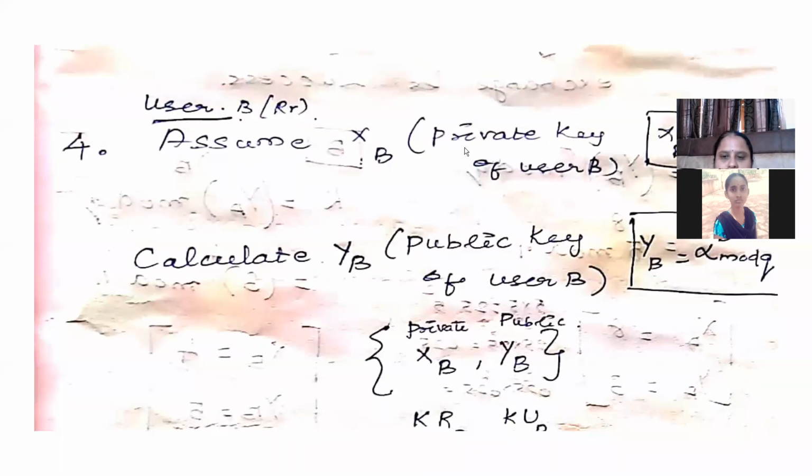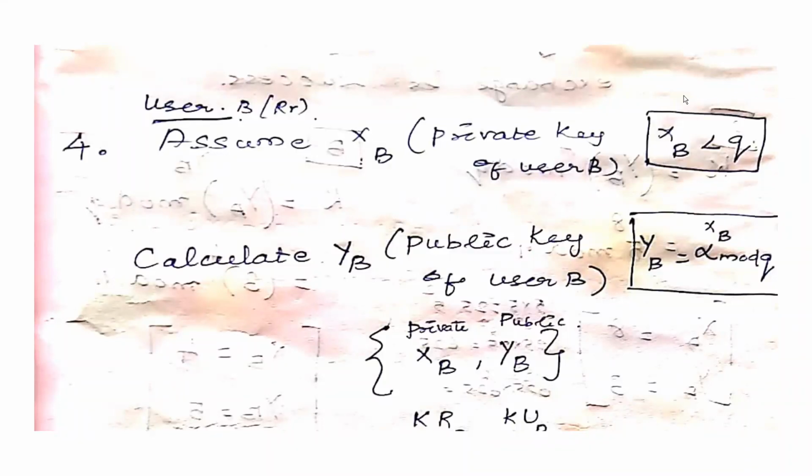So XB is the private key of user B, and you have to select XB, which should be less than Q. Similarly, calculate YB, the public key of user B. Because B is the user, he knows his private key, and alpha is the primitive root of this prime number Q. So YB is equal to alpha power XB mod Q. As a result, you have the private key and public key, XB and YB.